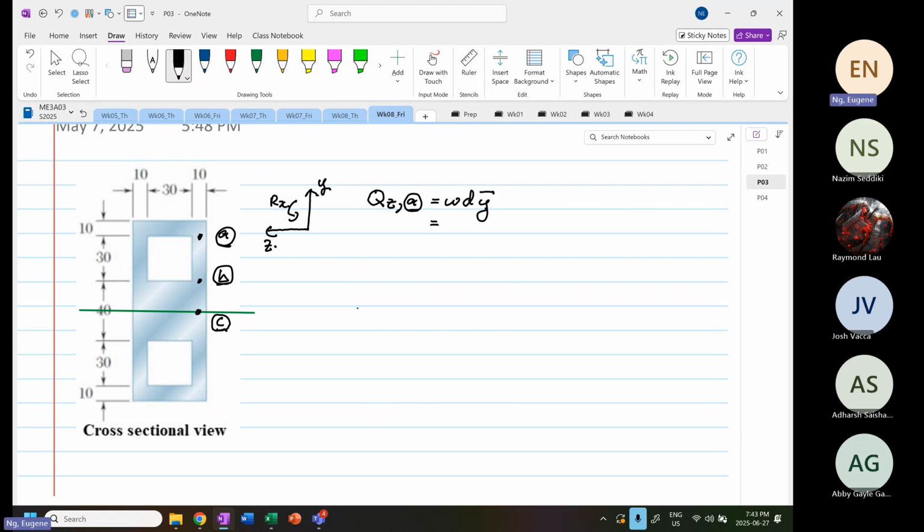At point A, the width is equal to 0.05 and the depth is 0.01. For the y bar, we know that this is 20, this is 30, and this is 10 divided by 2. So it's 20 plus 30 plus 10 divided by 2.